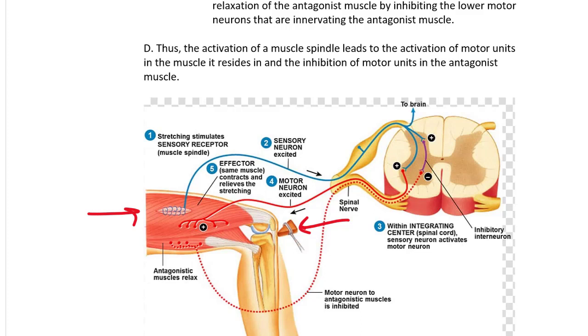And what will happen is the spindle is right here. See, this is the muscle spindle right here. And since it resides in that muscle, that will be stretched too. And here's the sensory neuron that is sort of wrapped around this muscle right here. You can kind of see it. It's wrapped around.